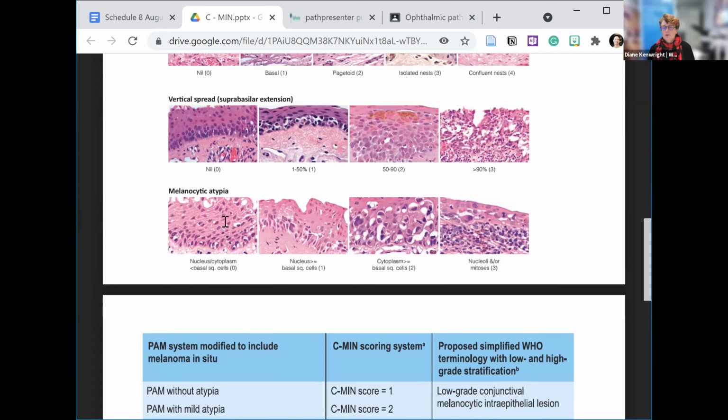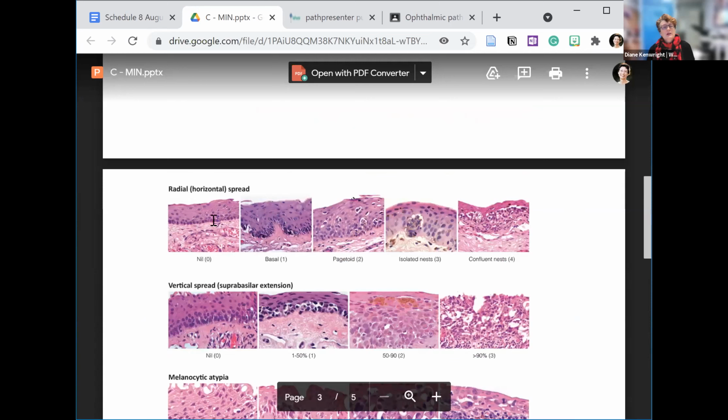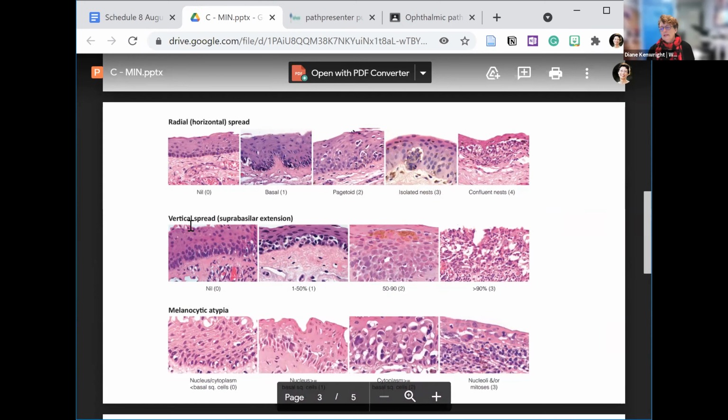They have a normal number of melanocytes, just an increased amount of pigment in the basal layer. It's just like the skin. So the difference between normally pigmented skin and say a junctional lentiginous proliferation is the number of melanocytes. They have the same number of melanocytes.